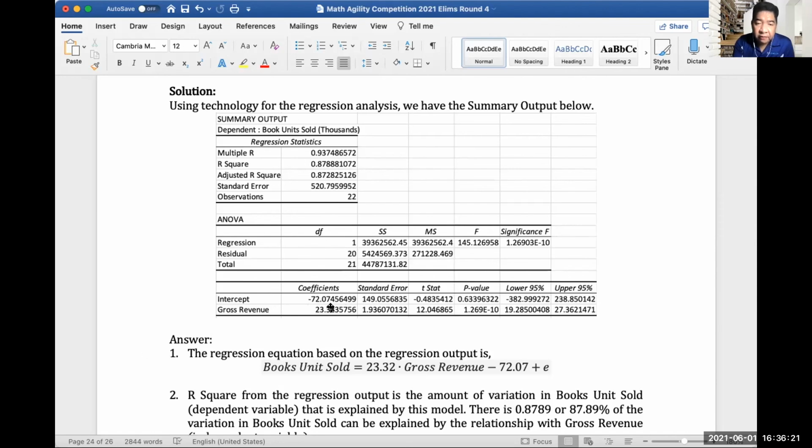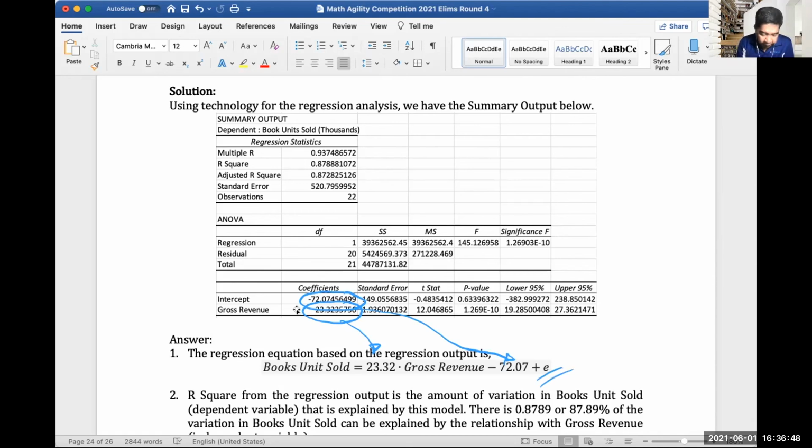So gross revenue is in this part of the coefficient here. So you just need to multiply it to the x or to the independent variable, and then negative 72, which is this, plus error, right?